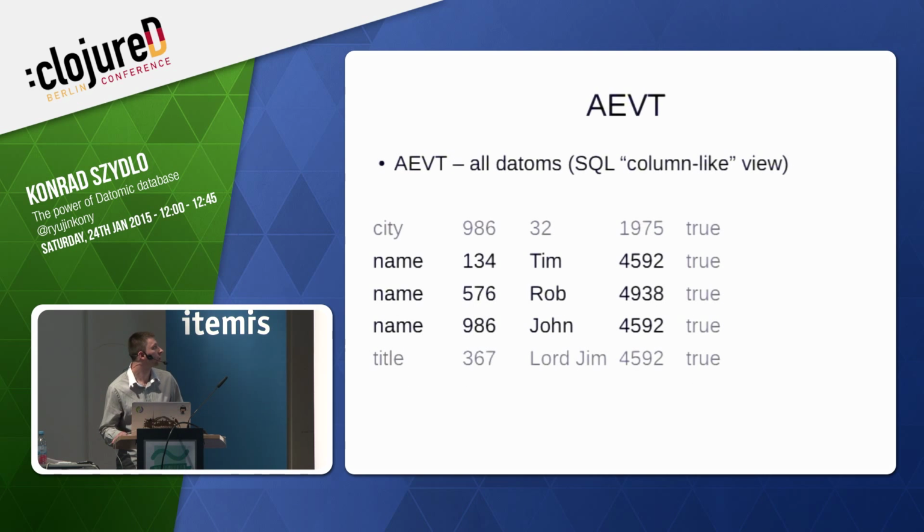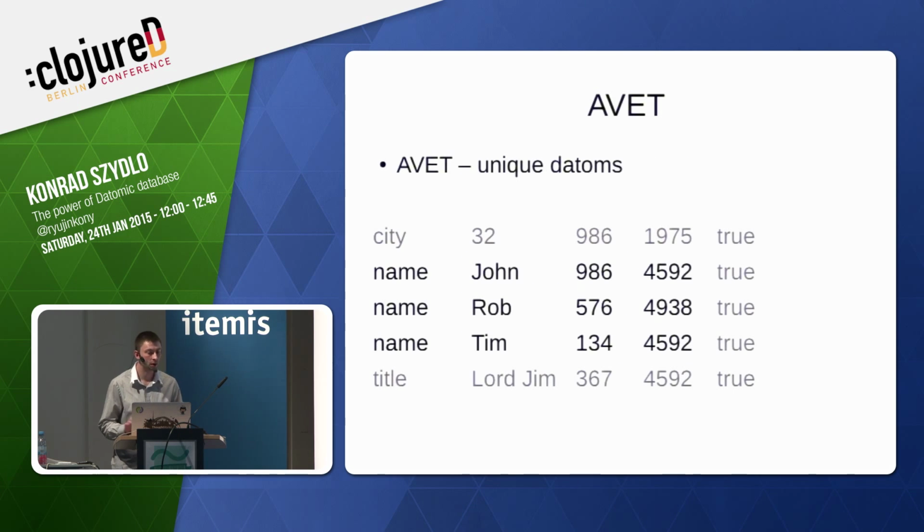Another index that is created for all the datums is the attribute, entity, value, and time index. It's similar to the column-like view, where first we sort by attribute and later by entity ID. The third index supported by Datomic is the AVET index.